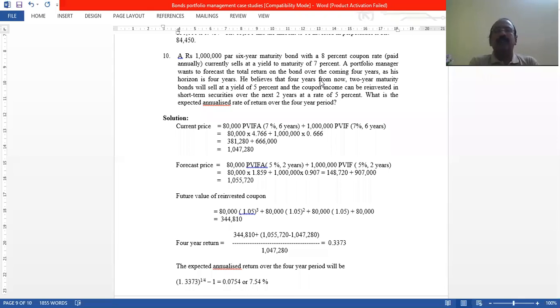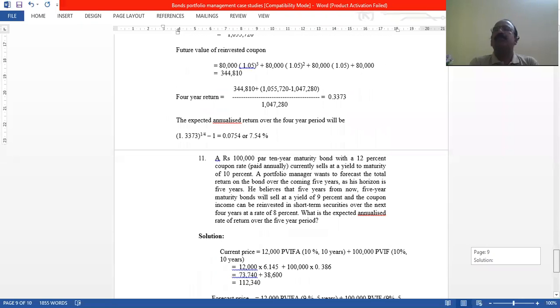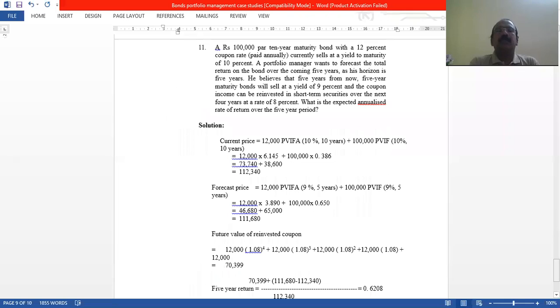Now look at the following case. Same thing. First, you compute the current price. Current price, 10-year maturity period. 12% is a coupon rate. So 12% on 1,00,000. Currently sells at a yield of 10%.